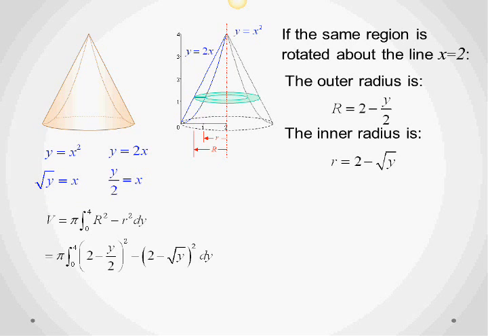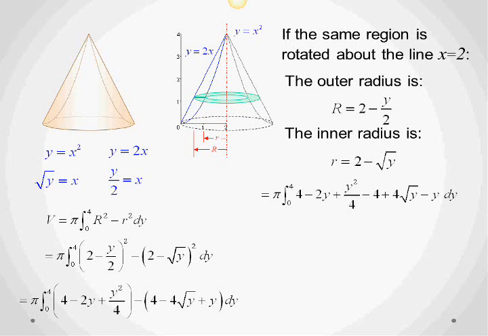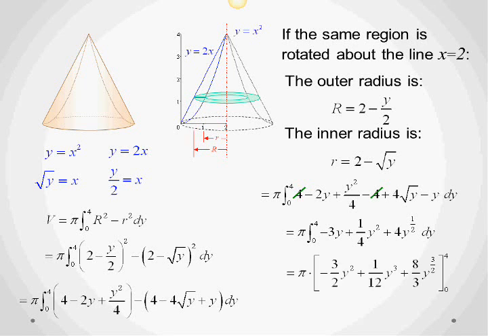When we integrate, we still integrate with respect to y because we're rotating around an axis that is vertical. I find these, sorry, I'm rushing through this, and 8 pi over 3 is the same.